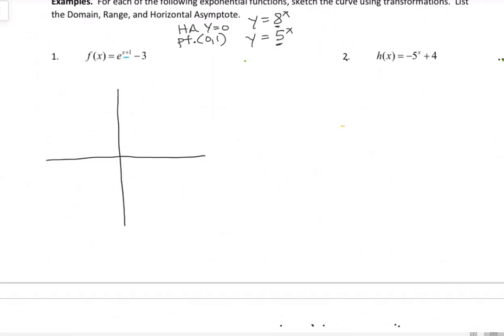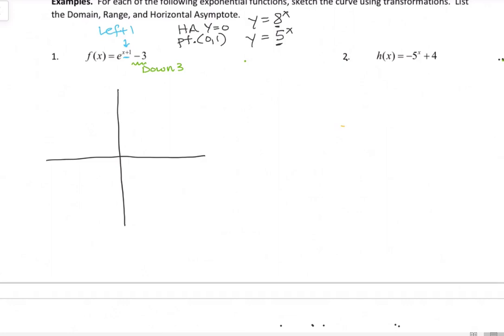So this plus 1 on my x is going to move my curve left 1 unit. Then I've also got a minus 3, and that minus 3 is to the whole function. So adding or subtracting to the whole function either moves it up or down, and in this case, it moves it down 3 units. So those are the two transformations I want to occur in this graph.